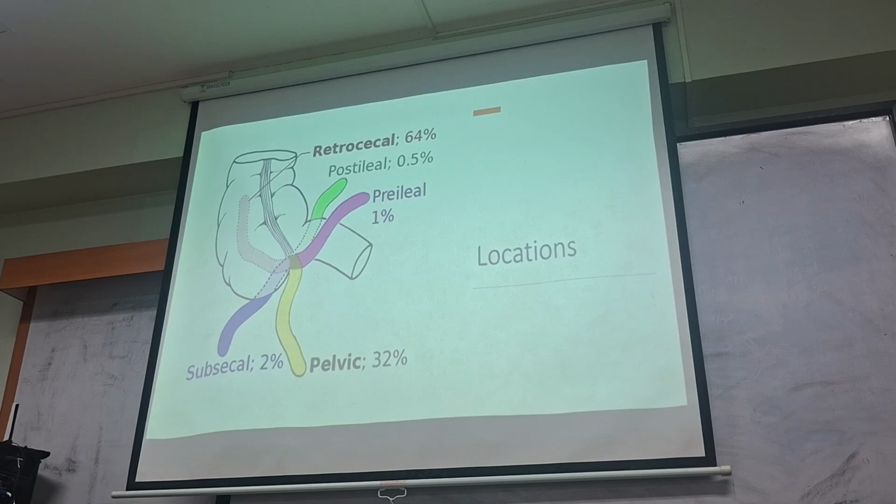So the most common location is going to be retrocecal at 54%. There are some pre-ileal or pelvic. Pre-ileal is actually a favorite, so we call that a good morning appendix. So sometimes we get that, but most of the time it's retrocecal.